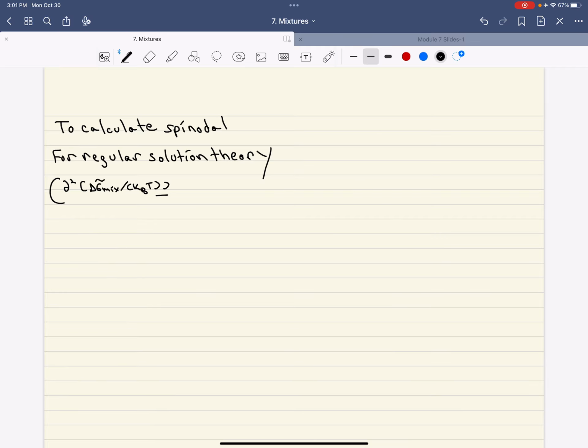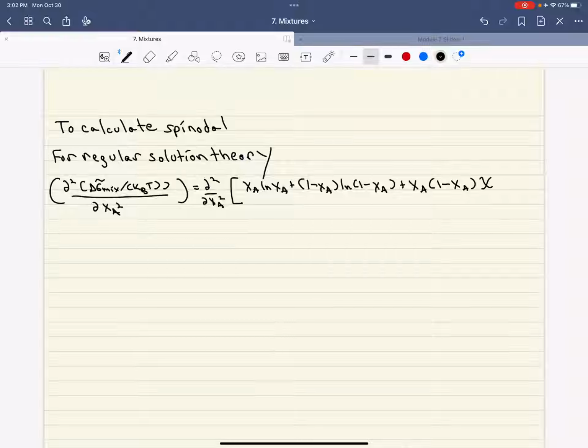That's okay to do because we're taking the second derivative with respect to the mole fraction. Okay? So we'll take the second derivative of this: xa ln xa plus (1 minus xa) ln (1 minus xa) plus xa (1 minus xa) chi ab.